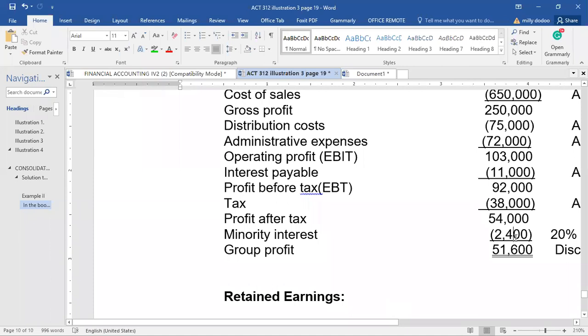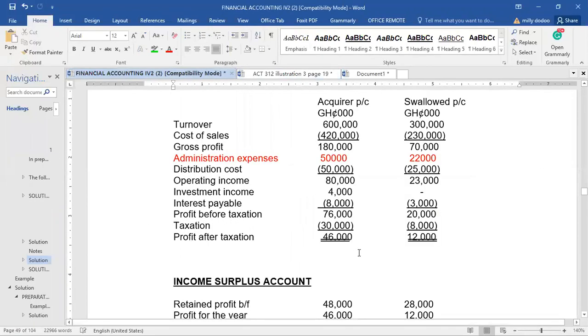It is 20% of the profit after tax of S, which is 12,000. So you strike the 20% on the 12,000.